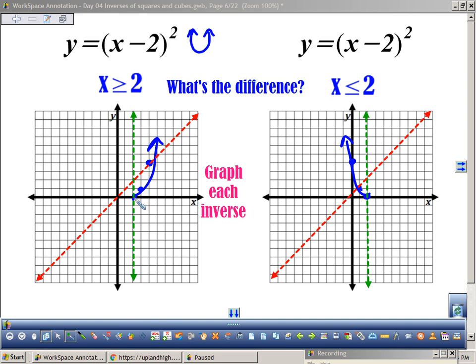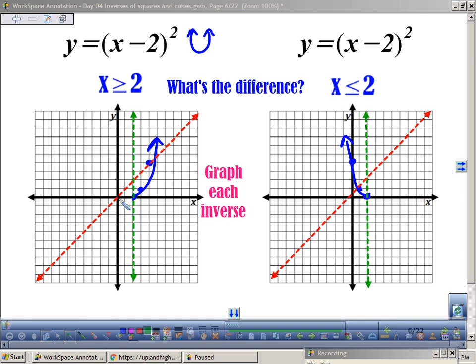take its inverse, isn't its inverse, we can even just go by points, 2, 0, isn't that 0, 2? Right? And then our next point's going to be over 1, up 1. And my next point's going to be over 4, up 2.